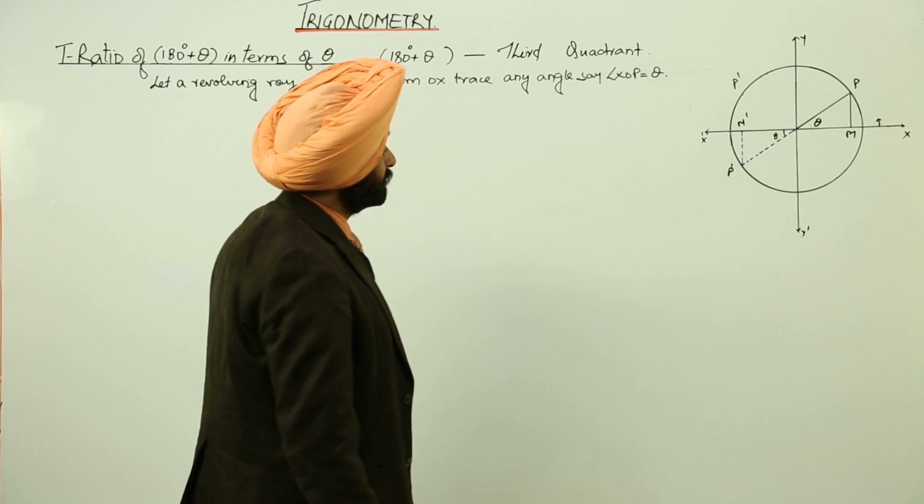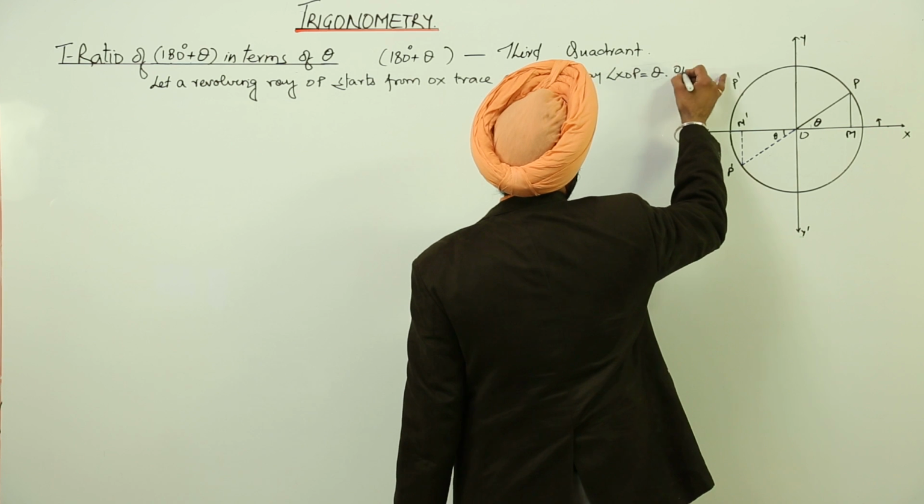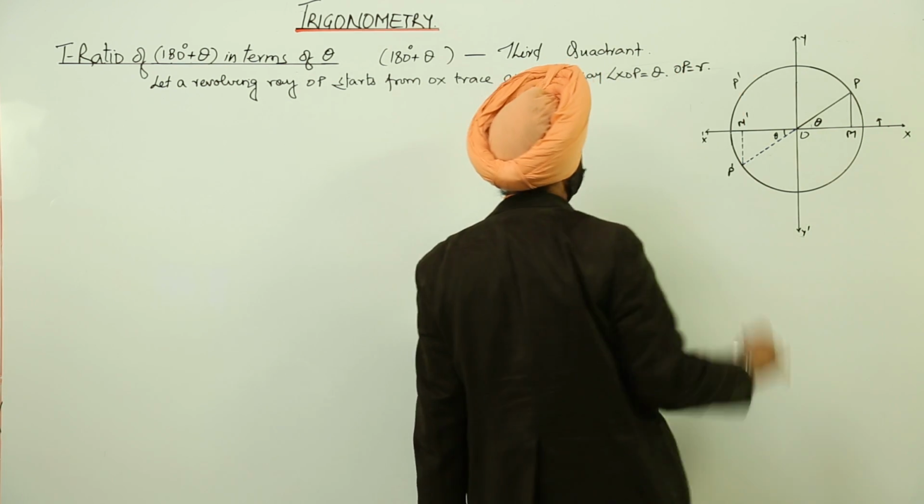Same, OP is the radius. This is O. Or you can say OP is equal to R.